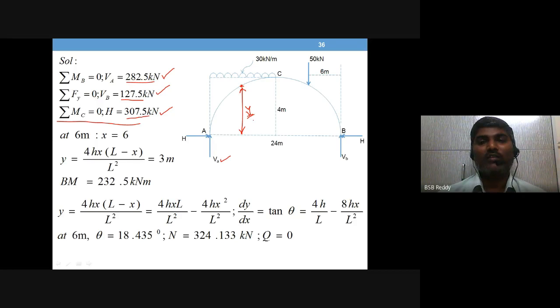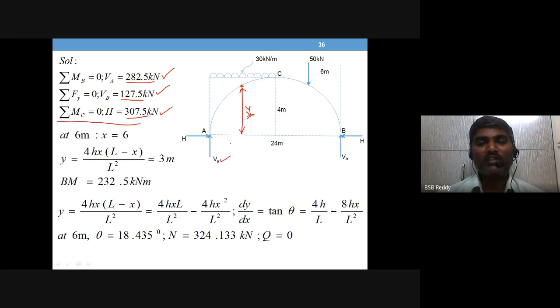When you are calculating bending moment in the circular arch, we must be able to find the geometric quantity, the ordinate value of that point, y. So there we have used a relation between Cartesian and polar. Here you don't need the polar to be used because it is not circular geometry. It's parabolic geometry.